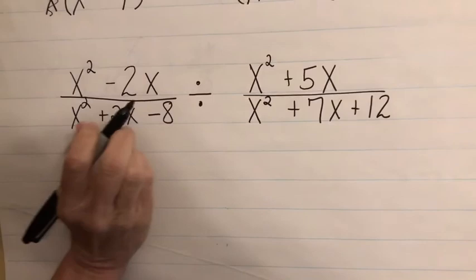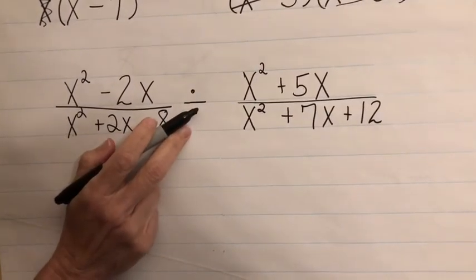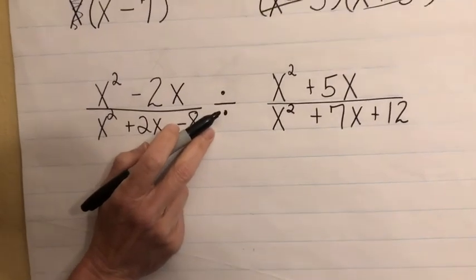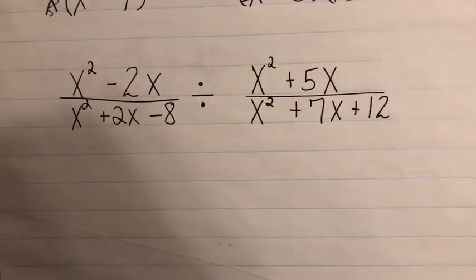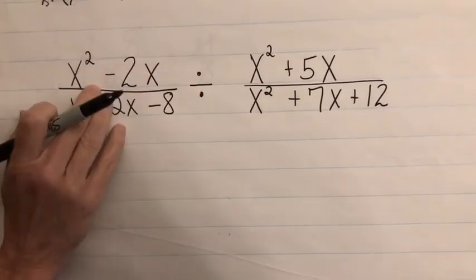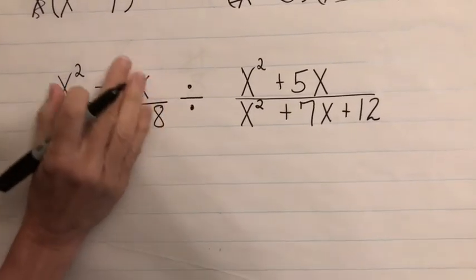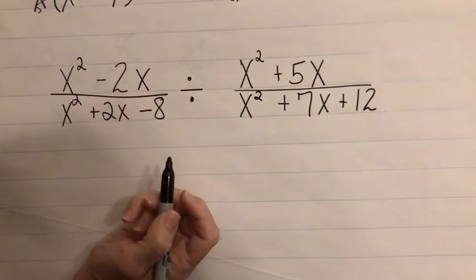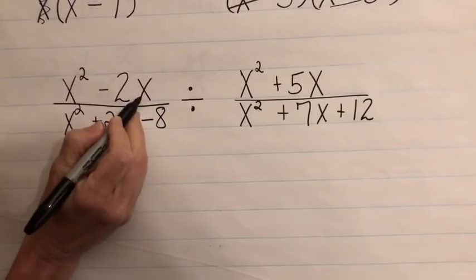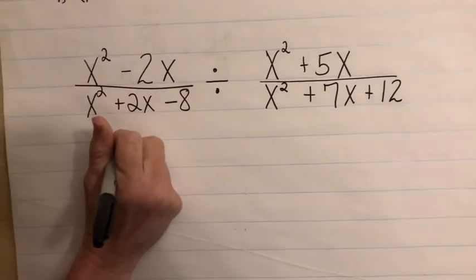So the very first thing we want to do, well, there's actually more than one thing we could do first, but the first thing I want to do is factor these so that they look a little bit more reasonable. So I'm going to definitely factor this first fraction first. I can see that I've got an x in both terms, so I can definitely pull an x out.